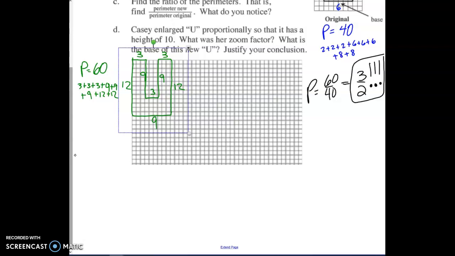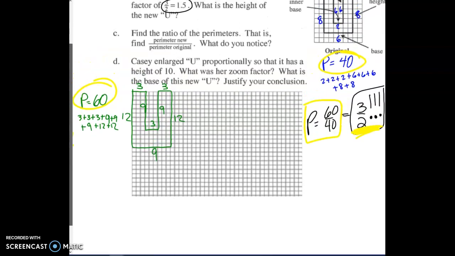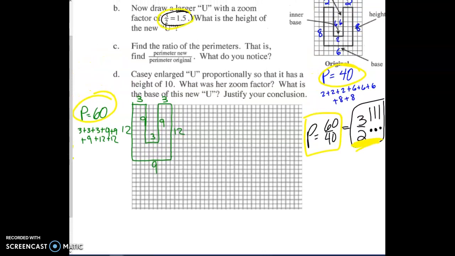When you add up the perimeters, you get 40 and 60. And when you find that ratio, you get that it is also 3 over 2. What a coincidence that the ratio of the perimeters matches the ratio of the side lengths. Hint, hint.